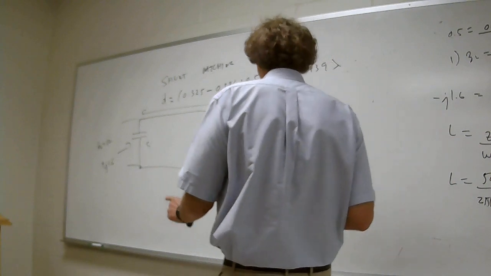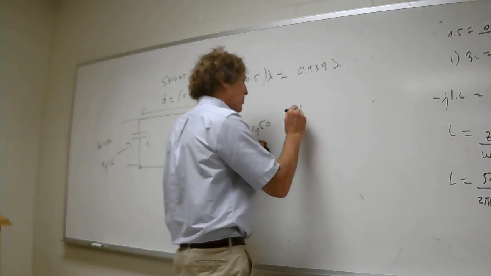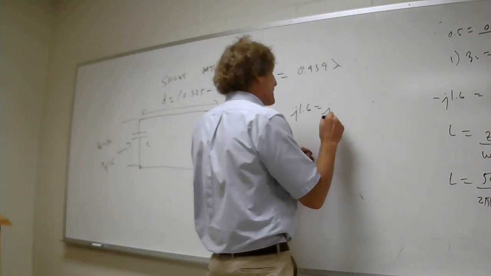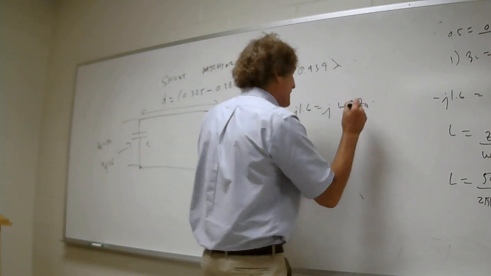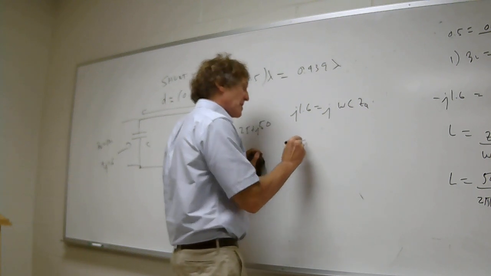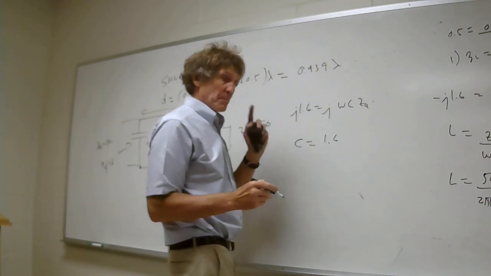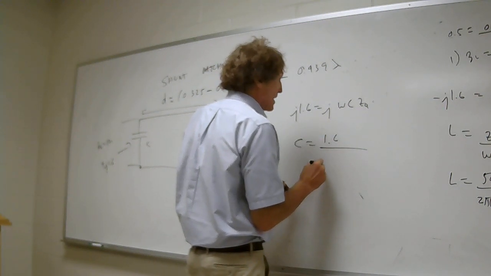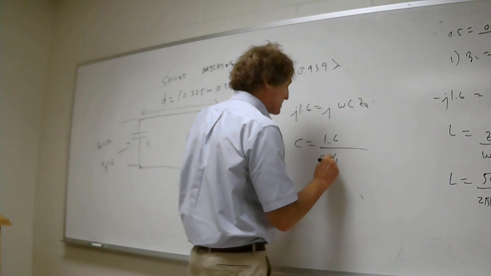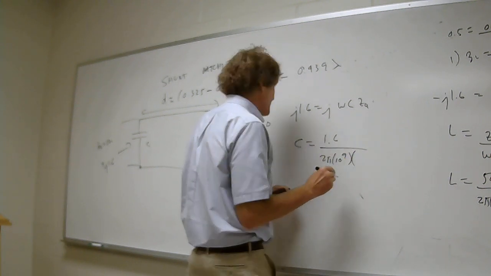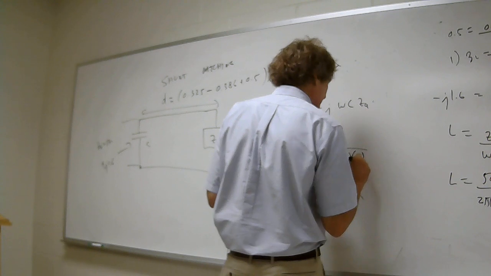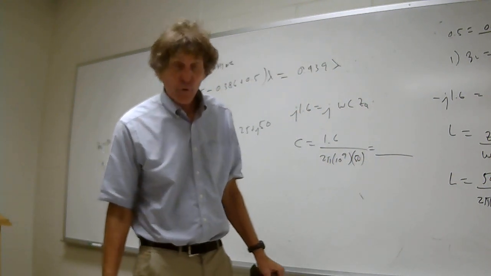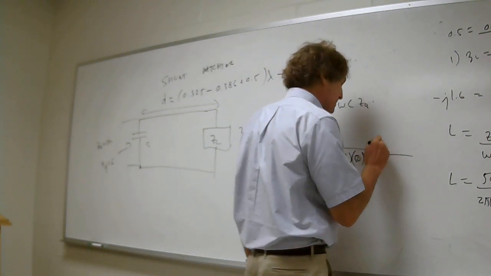So I just set J1.6 equal to J omega C Z naught. That means that C itself is 1.6 divided by omega, which is 2 pi times 10 to the 9th, times Z naught, and I made Z naught 50. What's that value going to be? 5.09 picofarad. Is that right, class?